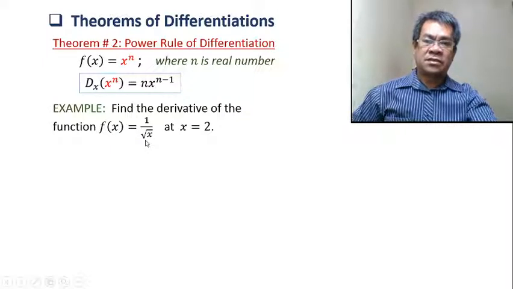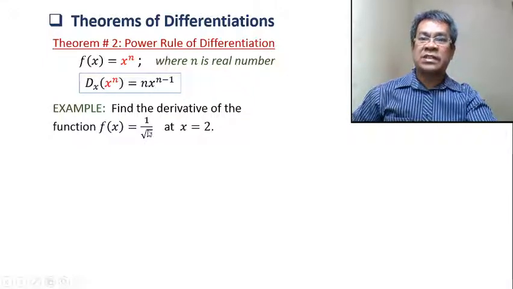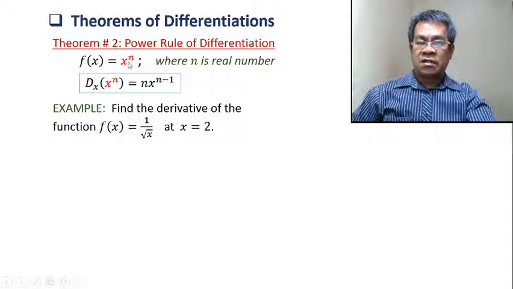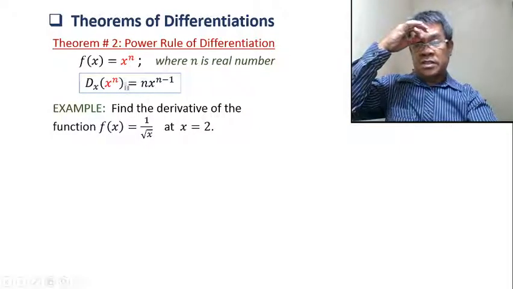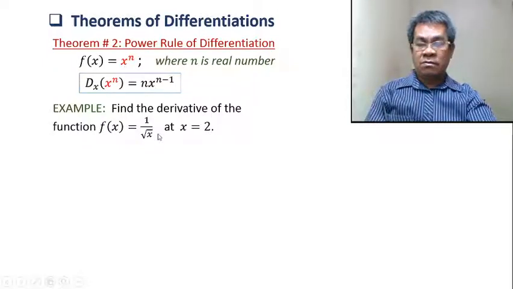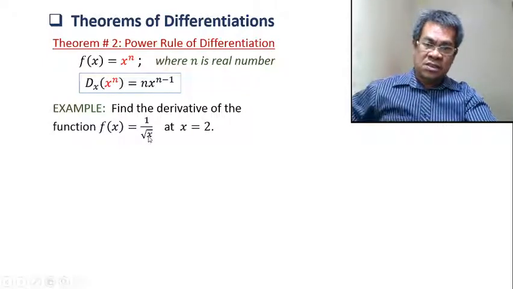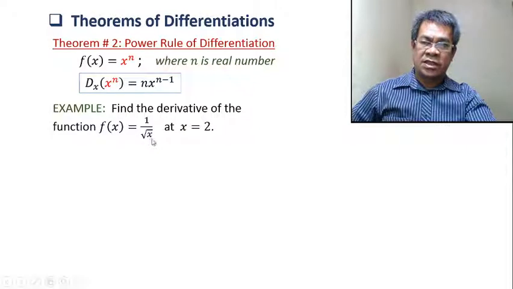Okay? Now the question is, can we apply the power rule to this function? The answer is yes. Why? Because this function is transformable into the power rule. So this can be transformed such that we can change this into the form of the power rule. How? Okay, now take note that the square root of x is the same as x raised to 1/2.